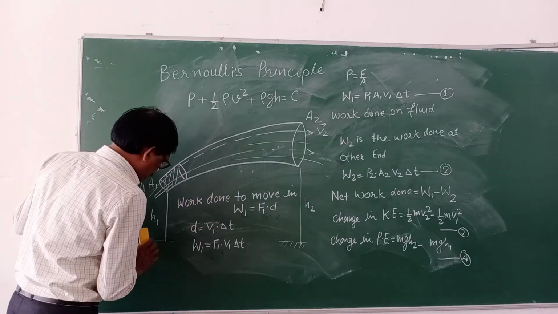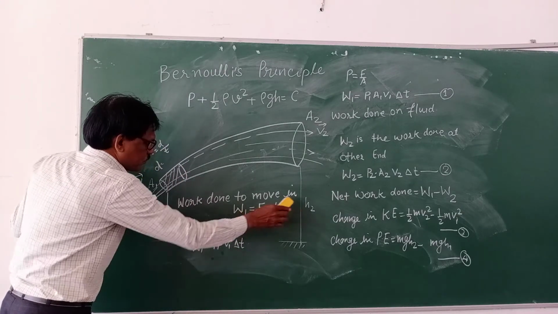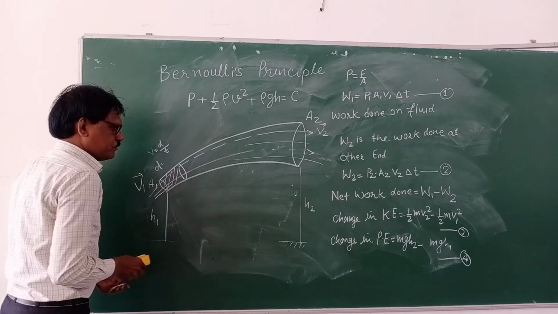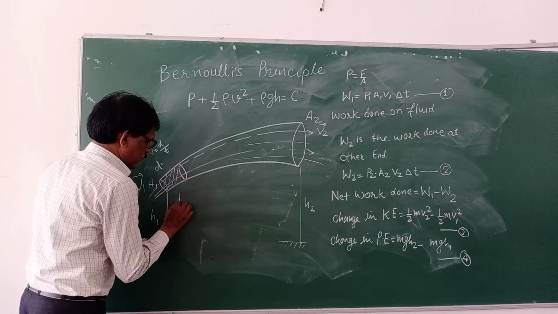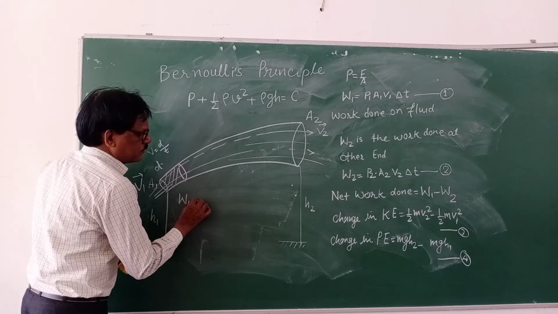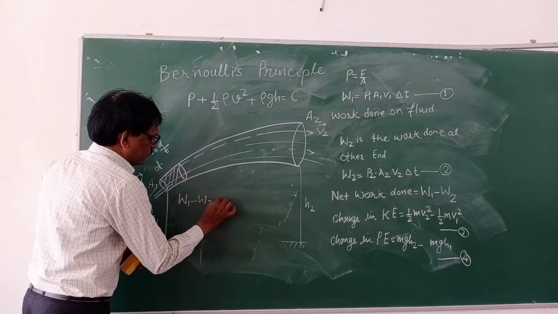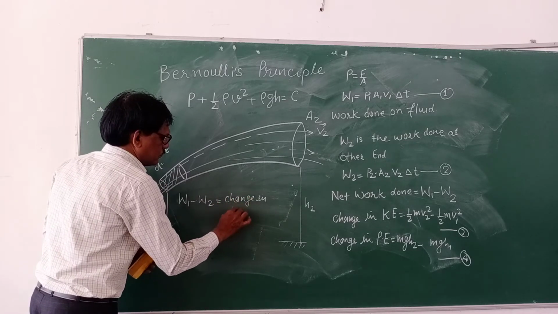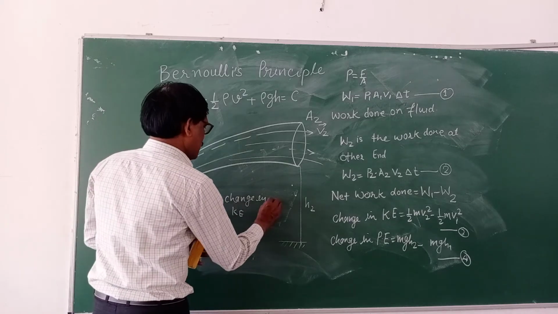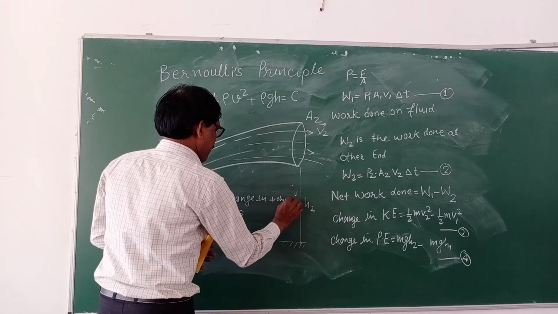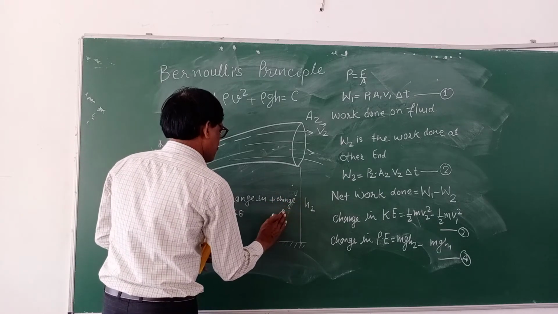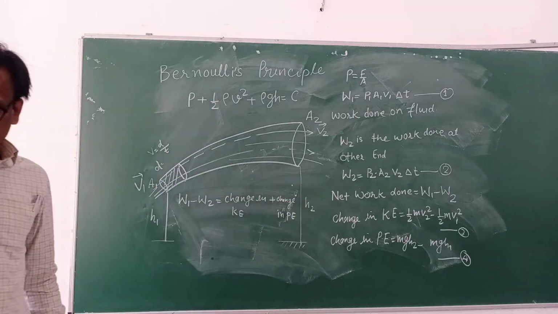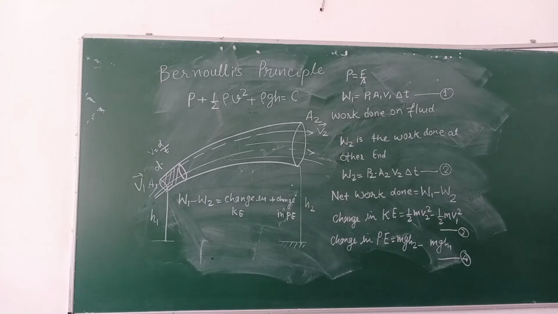Here its position is h1, and here its position is h2. So the work done W1 minus W2 is equal to change in KE plus change in PE, where PE stands for potential energy.